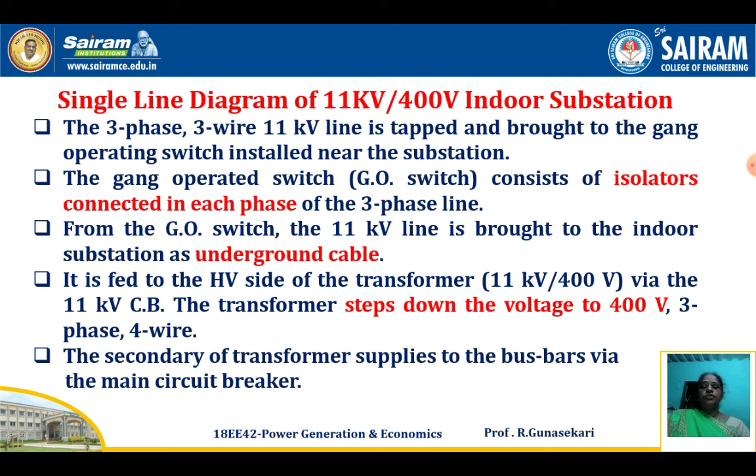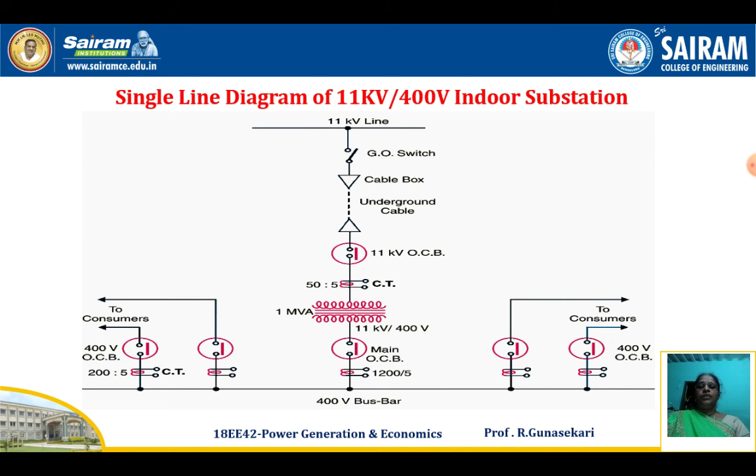From the GO switch, the 11 kV line is brought to the indoor substation as an underground cable. Now you see the diagram: 11 kV line, then GO switch, then cable box, then underground cable, then the 11 kV OCB, the oil circuit breaker, then the current transformer 50:5. Then the 11 kV voltage is stepped down to 400 volt by using a step down transformer, then again it comes to the main oil circuit breaker, again the current, 1200 amps, is reduced to 5 amps.